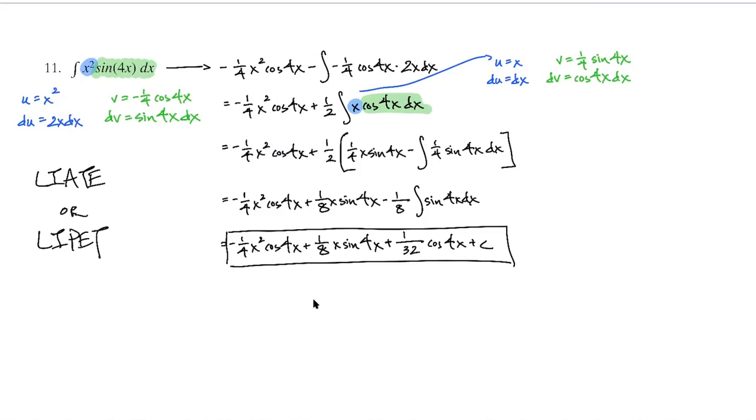But more often than not, we'll end up with some sort of algebraic or polynomial, and that's going to be your u. Exponentials and trigs are not less important, but they have less priority in this ranking system. So that's why the sine of x becomes our dv.